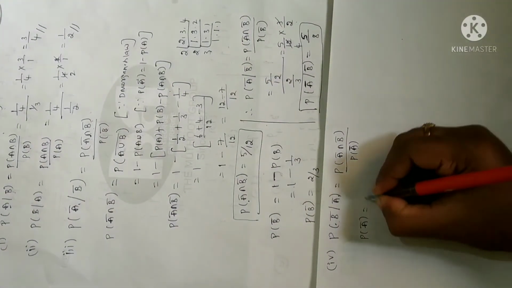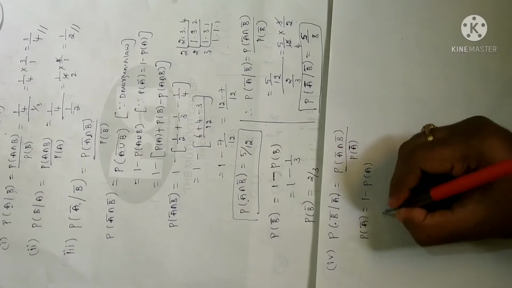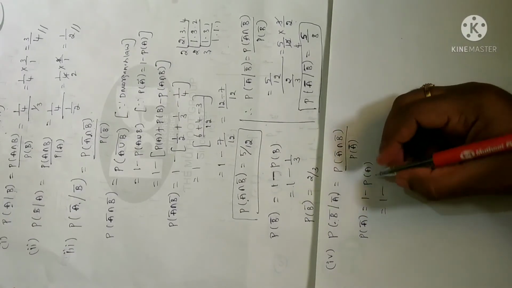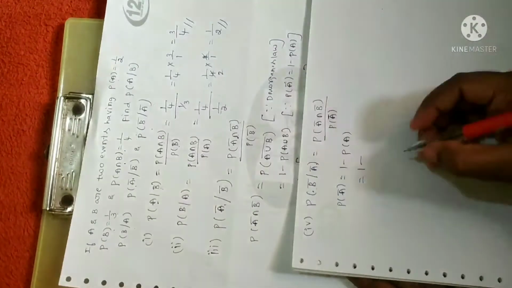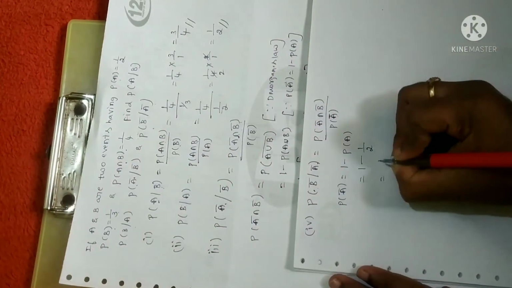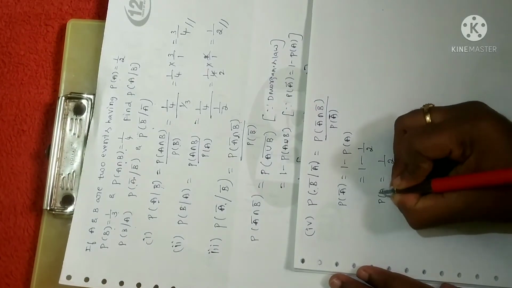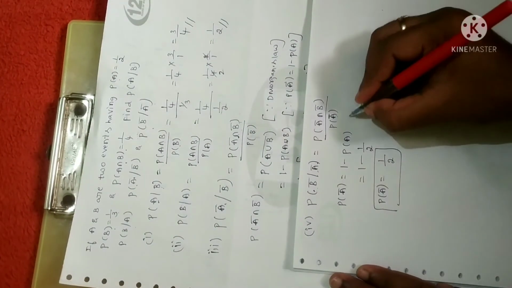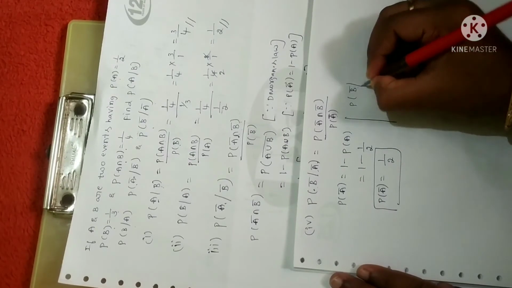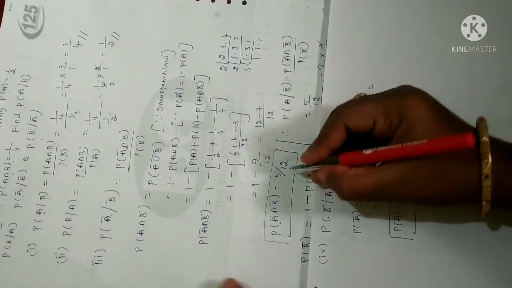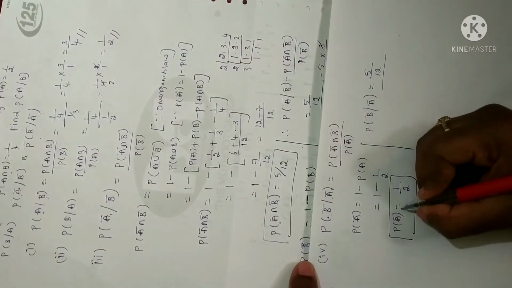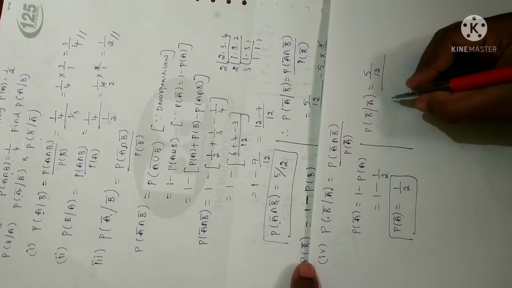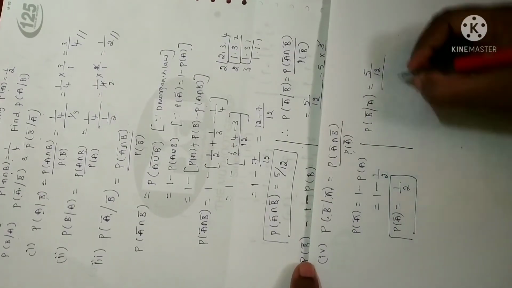Probability of A bar is given by the formula 1 minus probability of A. What is the probability of A? It is given in the problem itself. Probability of A is 1 by 2. So 1 minus 1 by 2 is 1 by 2. Therefore probability of A bar is 1 by 2. With this we can calculate probability of B bar with reference to A bar, which is probability of A bar intersection B bar, it is 5 by 12, divided by probability of A bar, which is 1 by 2.